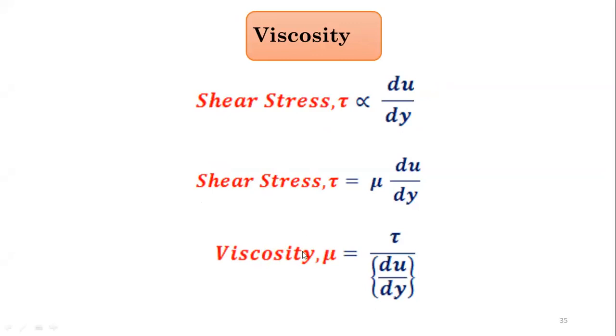So here, viscosity mu equals shear stress divided by du by dy. So what are the units for stress? Newton per meter square, generally mm square or meter square. So Newton per meter square, divided by du.